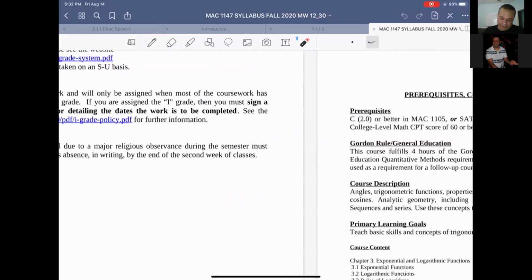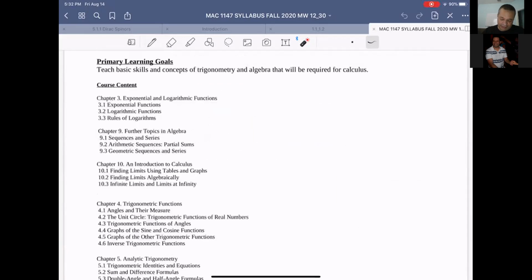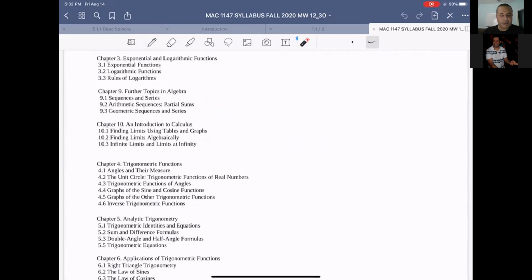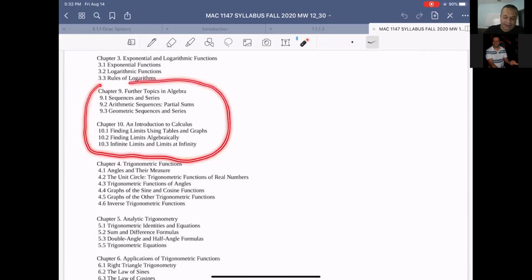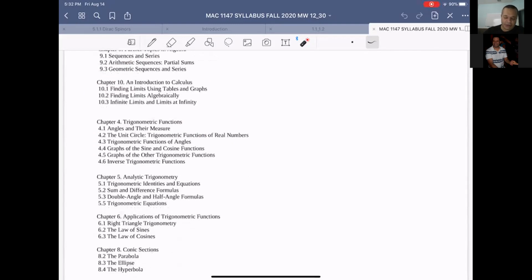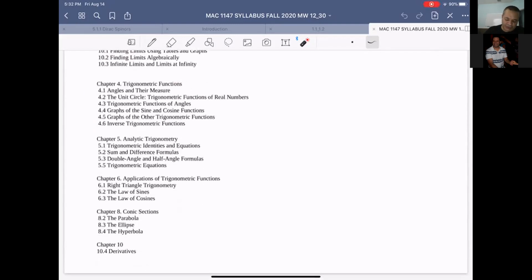All this stuff here, this is the stuff we're going to cover. We're going to start with chapter 3. So this stuff here is actually review of what we did at the end of college algebra. Then we're going to skip right into chapter 9 and 10. Then we're going to do 3 chapters of trigonometry.